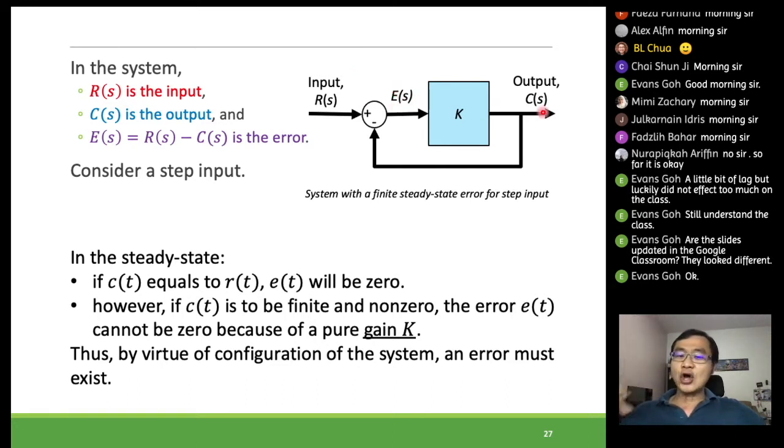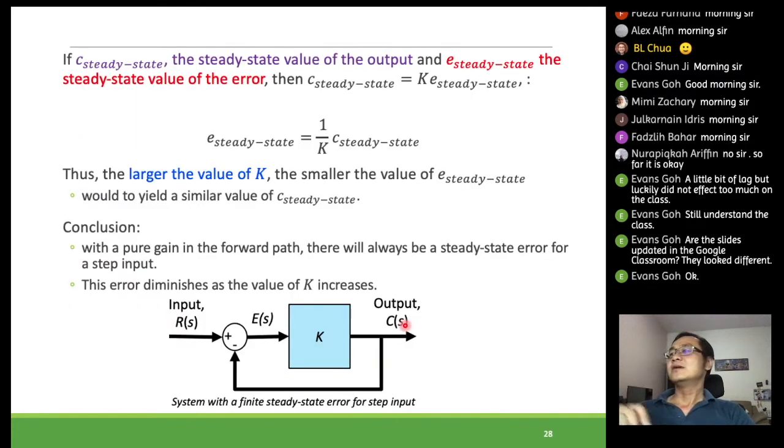So there is always this kind of gain as the system progresses. Because of this gain, the error will exist, whether it becomes 0 or non-zero. That is the problem, right?